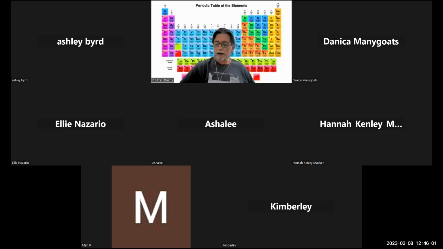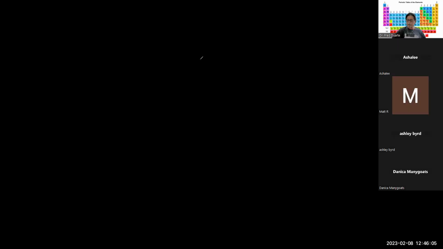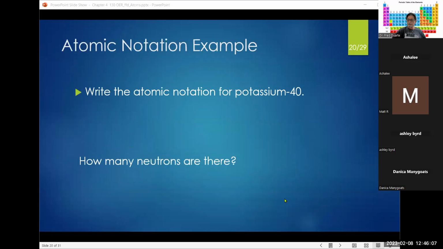Now, what can happen at times is they tell you what isotope you're working with. Here's an example: potassium-40. Can you tell me if potassium-40 is the most common isotope? What do you think? Well, let's go find potassium.